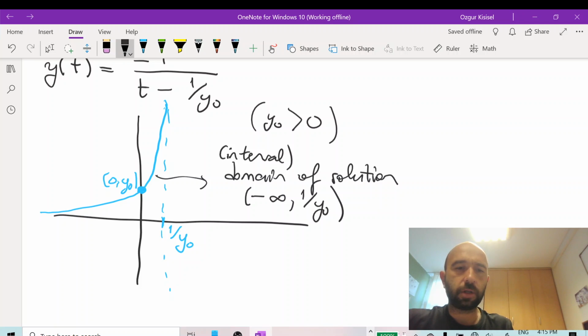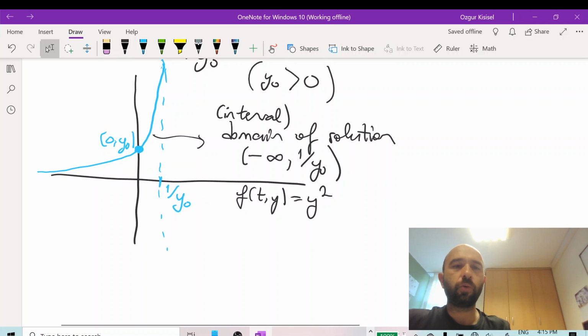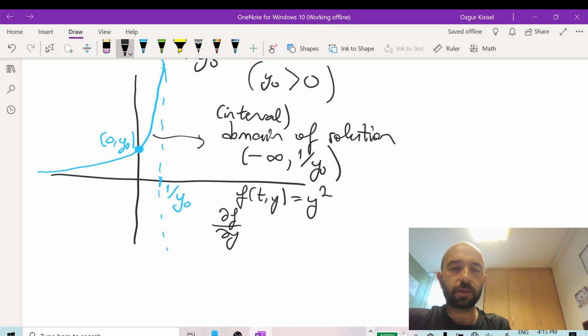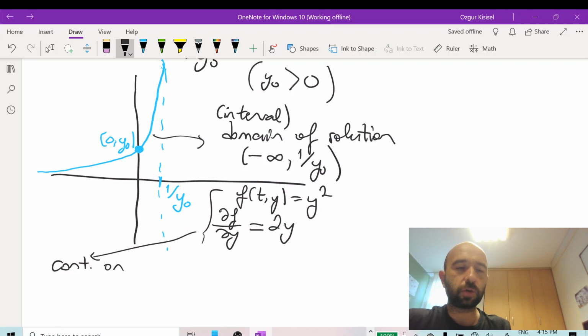Now, if you look at f, which is y squared, and del f del y, they are continuous on all of R2.